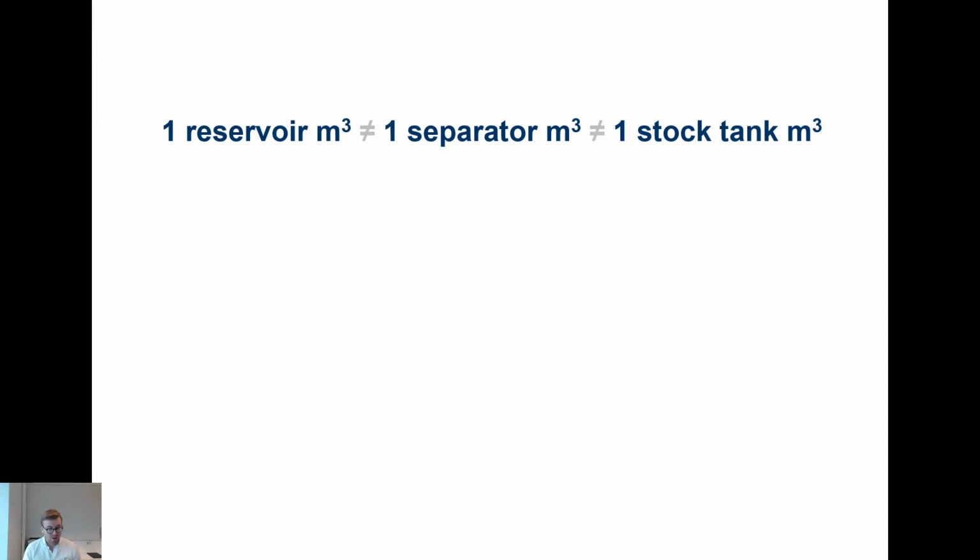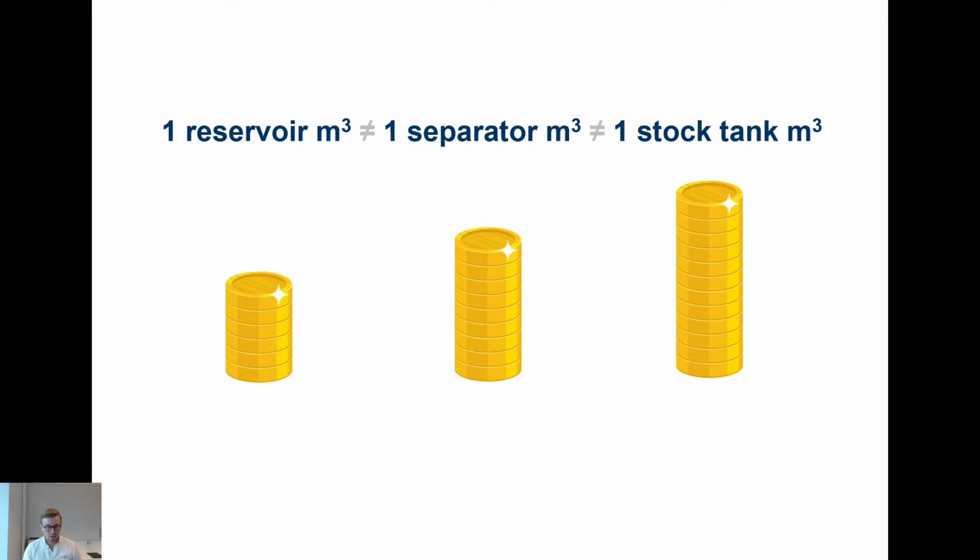What I mean by that is that the value between these different products, if we think of an oil reservoir, for instance, typically looks something like this, and the value decreases as we go to the left on the slide. And what I mean by that is, you have a reservoir volume that shrinks when it comes to separator conditions, and you also have a shrinkage of the separated oil from separator to stock tank, where stock tank is actually the volume that you sell.